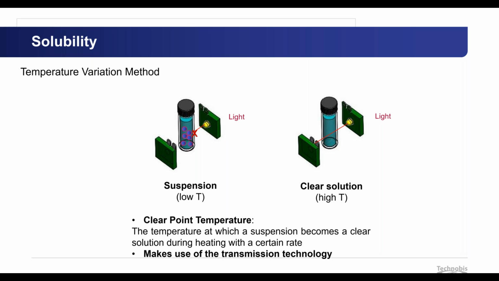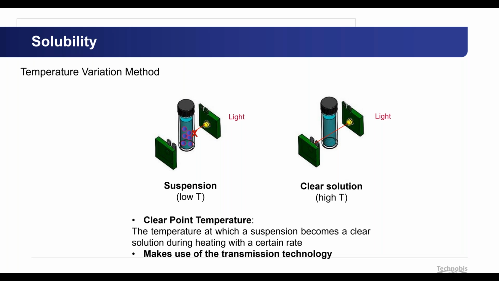You have 100% transmissivity. That's your clear point. That's your first point on your solubility curve. If you follow by cooling, the moment that you detect the very first particles in solution, when your transmissivity drops from 100% to 99% and lower, those are your first points on the supersaturation, nucleation curve.